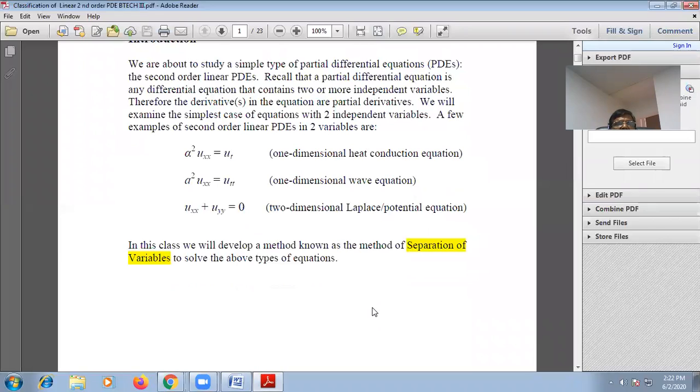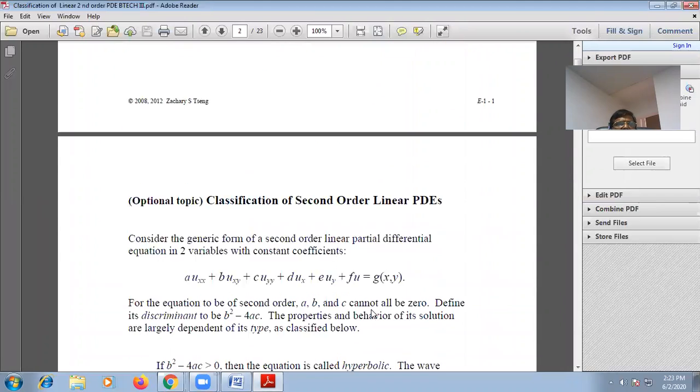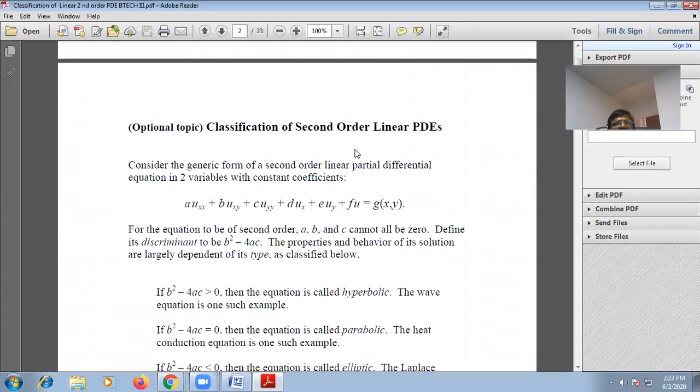In this class, we shall develop a method known as the method of separation of variables to solve the above type of equations. So classification of second order linear partial differential equations is the part of discussion for today.